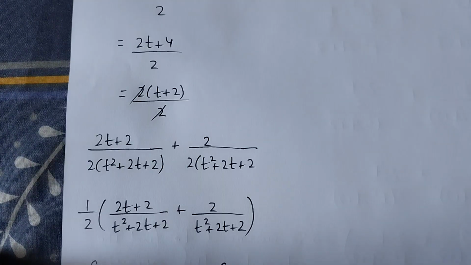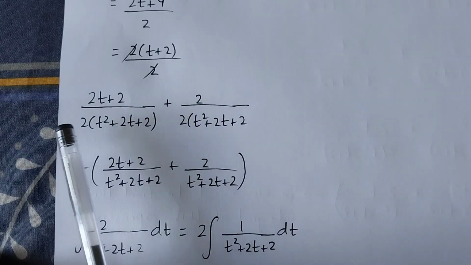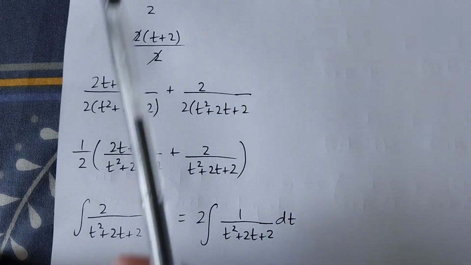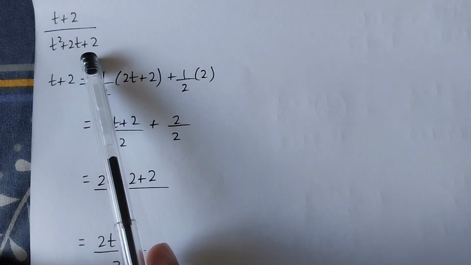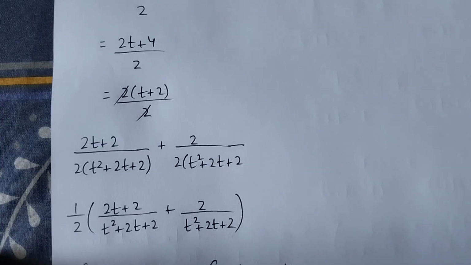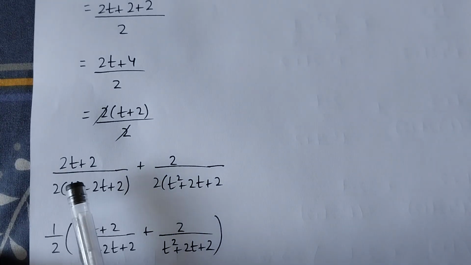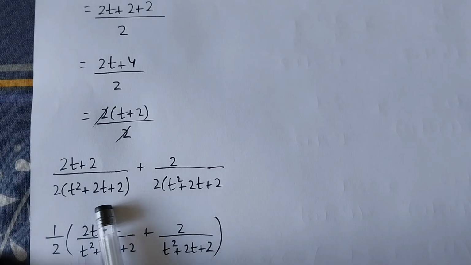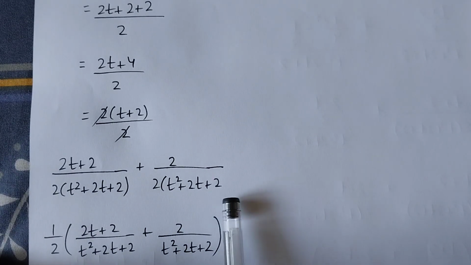So we wanted to write t plus 2 over t square plus 2t plus 2 in such a form that we can integrate. We can write it as 2t plus 2 over 2 times t square plus 2t plus 2, plus 2 over 2 times t square plus 2t plus 2.